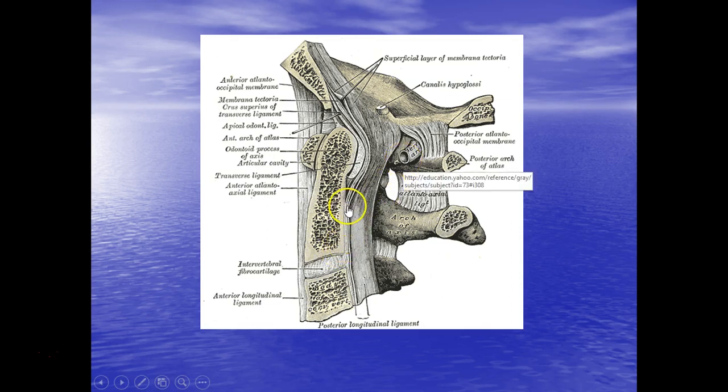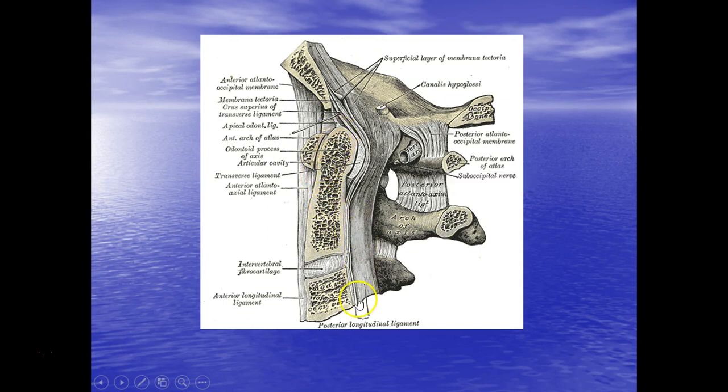This is a repeat of what we've seen previously, with this median sagittal section of the upper cervical region. Again, you can see the posterior longitudinal ligament running along the posterior surface of vertebral bodies. So this would be C3 down here, the body of C2, and then the odontoid process here.